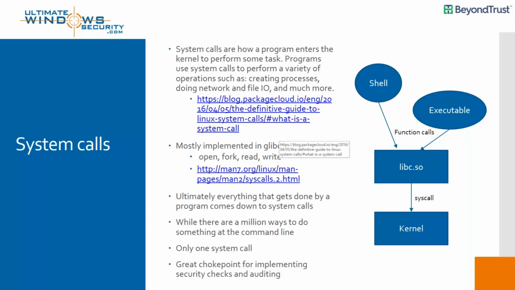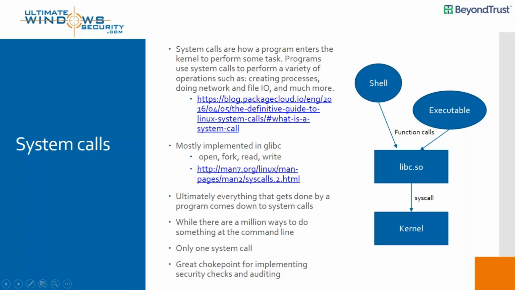Whether you're opening a file or sending a packet out on the network. This is accomplished through a syscall to the kernel. Now, there's a little wrapper around most of those function calls, and a lot of those wrappers are in glibc, which is just the standard library of the C programming language, which is closely tied to Linux.